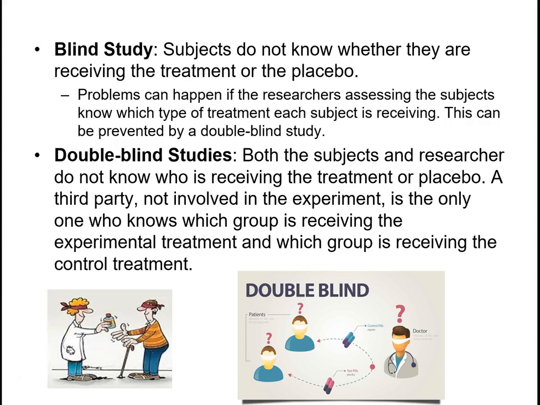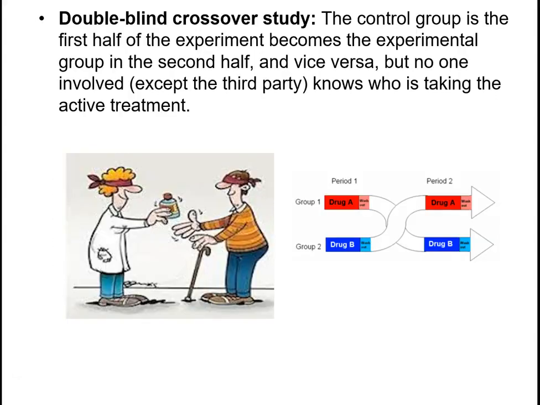And so then you would not have a blind study at all because everybody's getting the treatment. Everybody knows that everybody's getting the treatment. So there are always exceptions to this. But whenever possible, we try to do blind or double-blind studies. Then we can combine those into a double-blind crossover study or even just a blind crossover study.